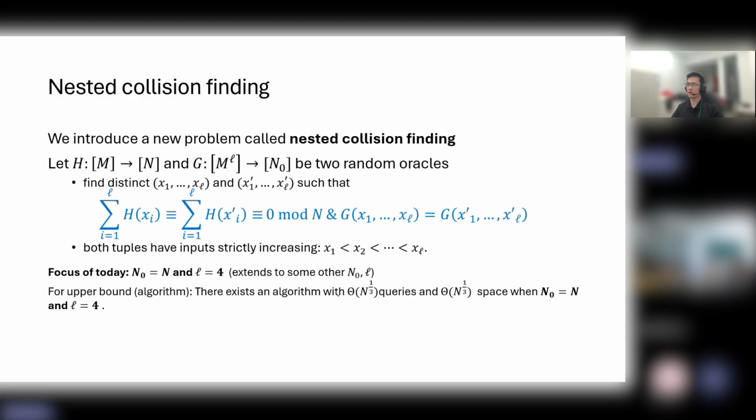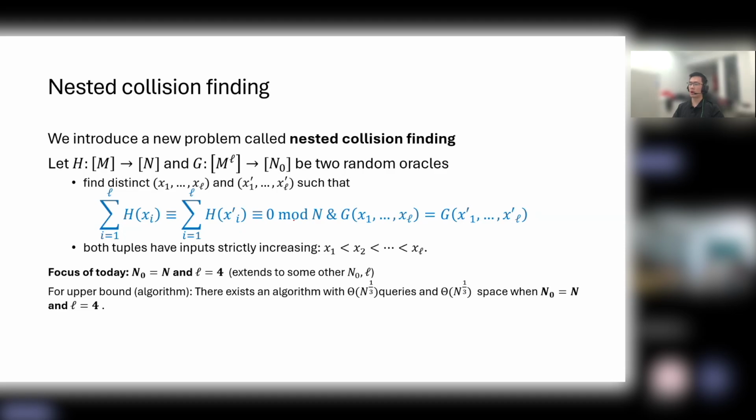The task is to find two distinct pairs. By saying distinct, I mean these two ordered tuples are distinct, not that all the elements are distinct. The tuples are distinct, such that both of their sums in H, which I will call the sum later in this talk, the sum of H of xi equals the sum of H of xi prime, are equal to 0.